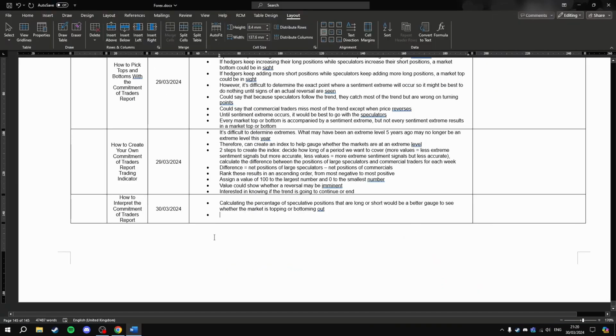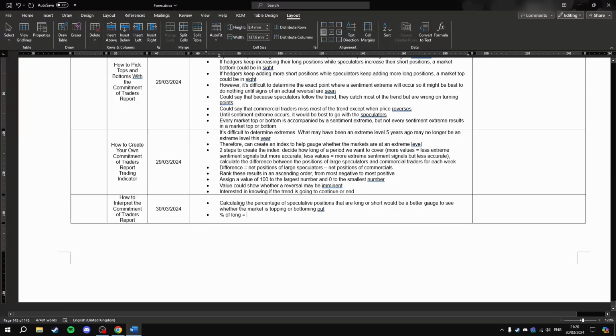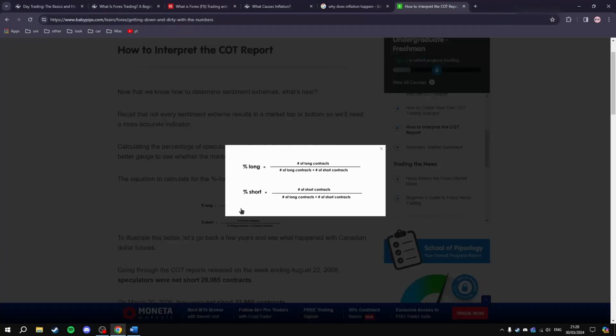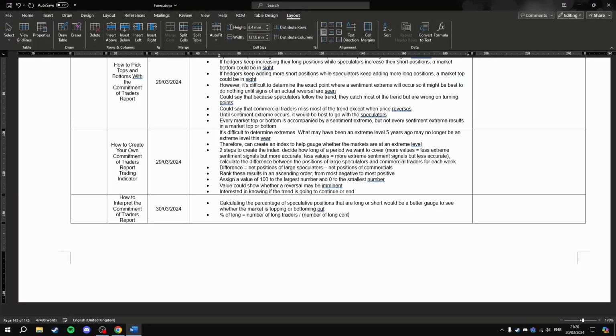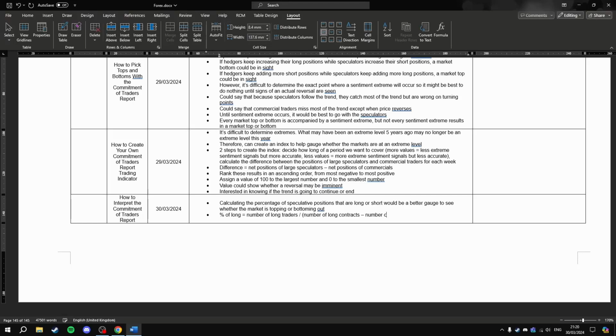So percentage of long is equal to number of long contracts divided by number of long contracts plus number of short contracts.